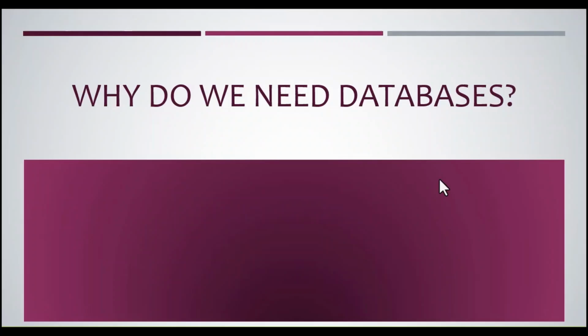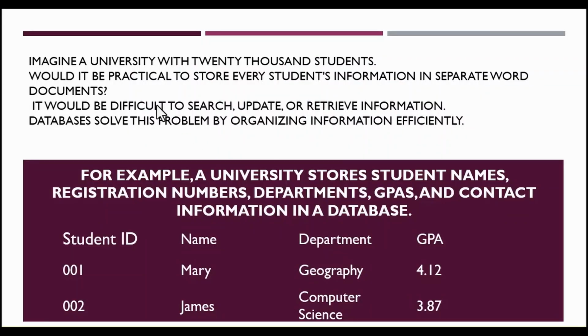Why do we need a database? Imagine a university with 20,000 students. Will it be practical to store every student's information in a separate Word document? It will be very difficult to search, update, or retrieve information. So a database solves this problem by organizing information efficiently.